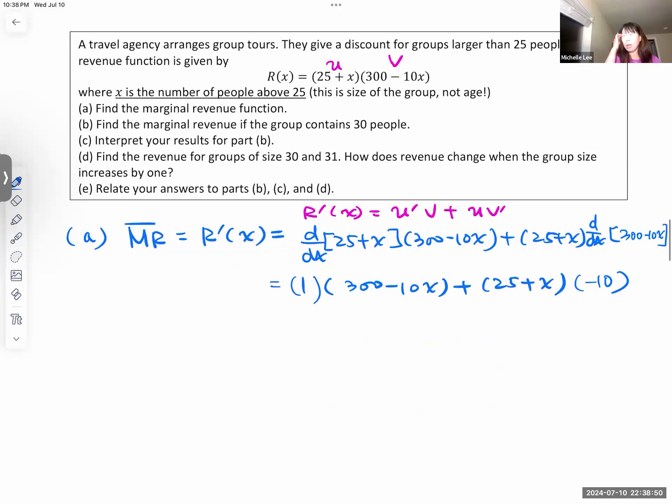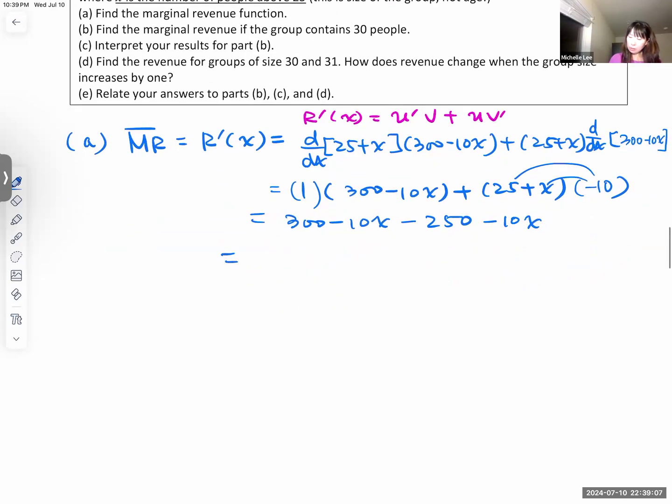Okay. Luckily, the first term, we have 300 minus 10x. And then the second term, that's 250 with a negative. And then minus 10x. Combining like terms. This is a constant term.